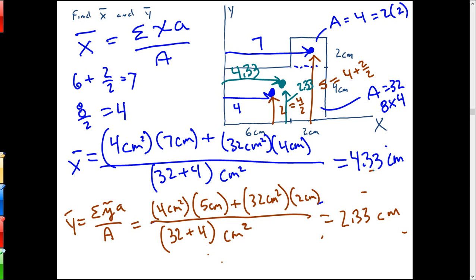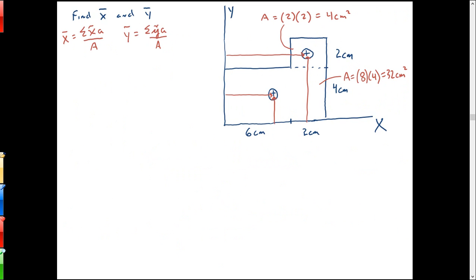Okay, so those are all balance lines. So I can balance this thing on these lines. And then if I intersect them all right there, I can balance the thing on that point. So that's kind of how you find a centroid.